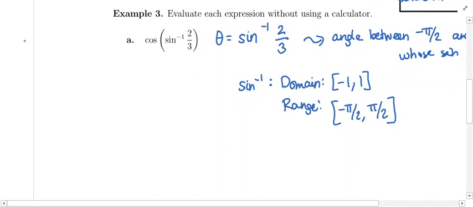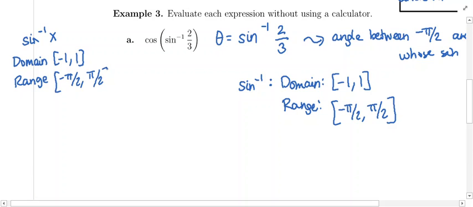Since we're dealing with sine inverse, I'm going to move this information off to the side here. For sine inverse of x, we do need to keep track of the domain, more so the range. So I'm just going to jot this down over here.